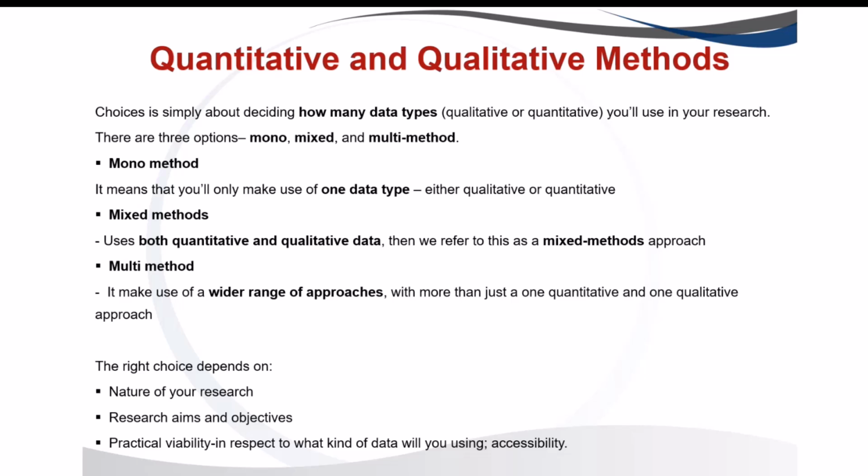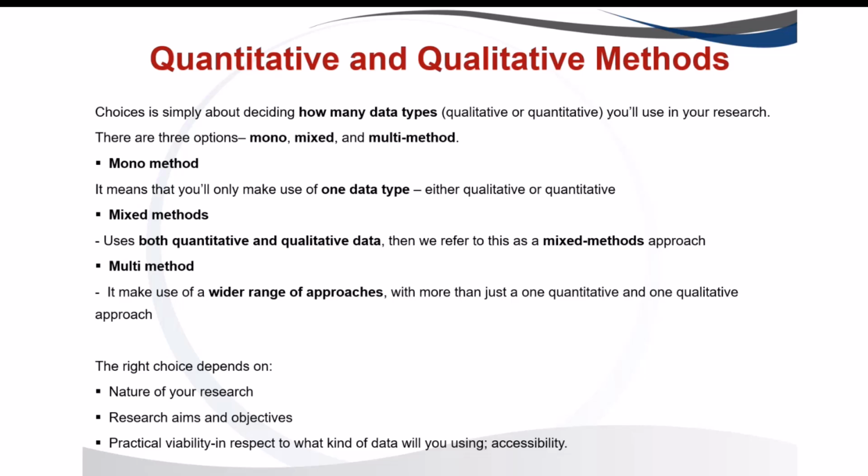You don't use a method because you like that method or you think that method is easy. You use a method because you understand that the method you'll be using is going to assist you to analyze your questions or your hypothesis.